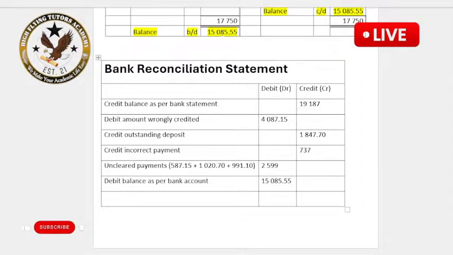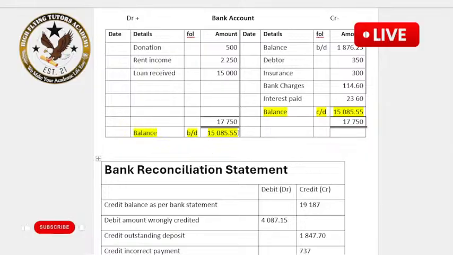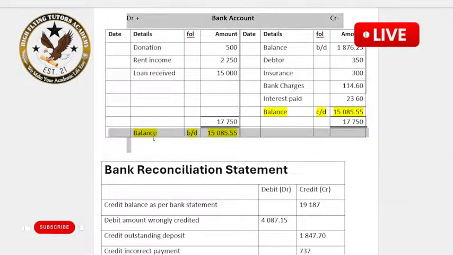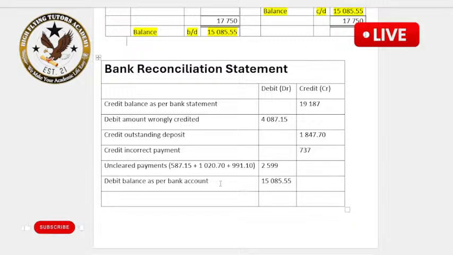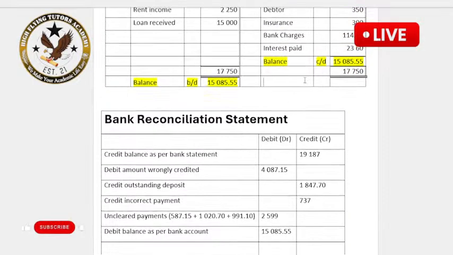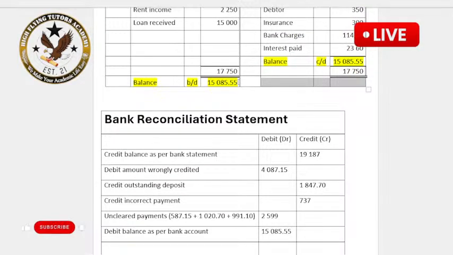We take this one, and we are directed by what? By this, that when we open next year, we are going to open on the debit side. That is why we come here and say debit balance as per bank account. If we were going to open on the credit side, we would say credit balance as per bank account. So now we are debiting because we are going to open on the debit side.